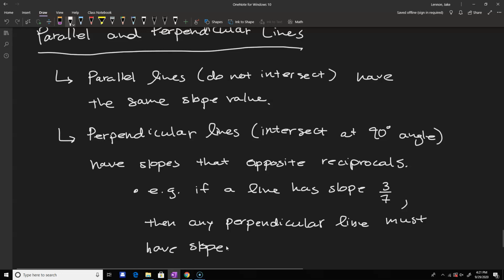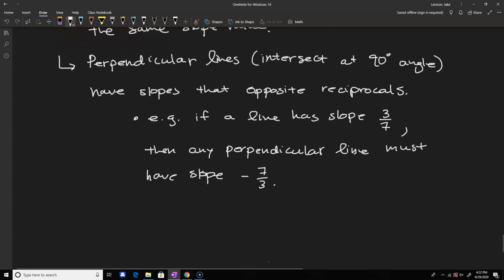Opposite means the different sign. So this is positive, so the opposite sign is negative, and then you want to flip over the fraction. So the perpendicular slope would be -7/3. So let's go ahead and see how this can be incorporated into some problems.